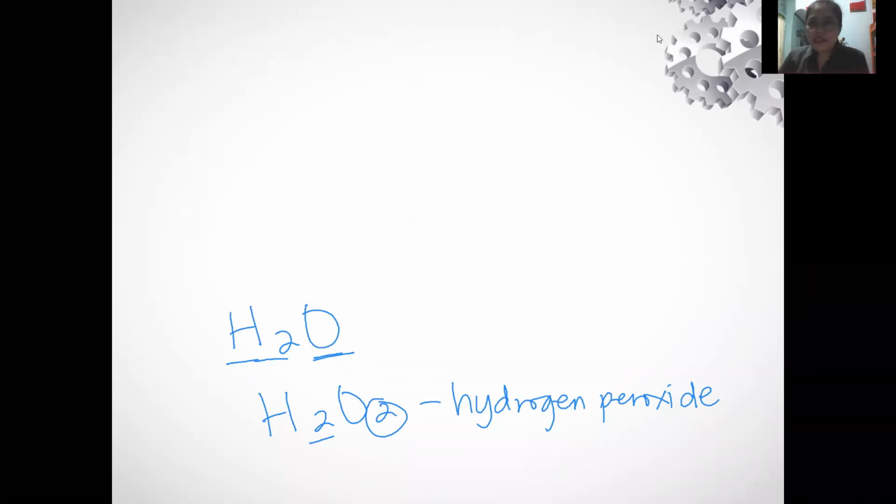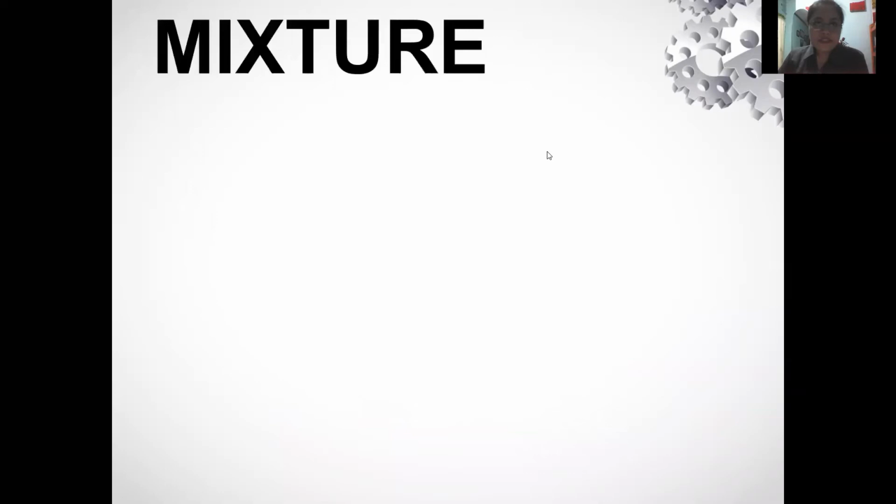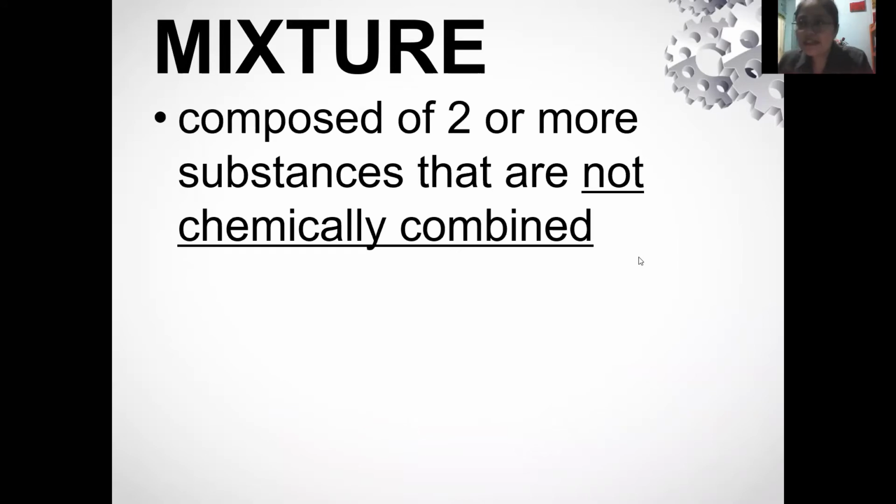And let me clear all the drawings first. Now, let's move on to mixtures. For the mixtures, let's differentiate them from the compound so that you will not be confused. We have two or more substances that are not chemically combined.